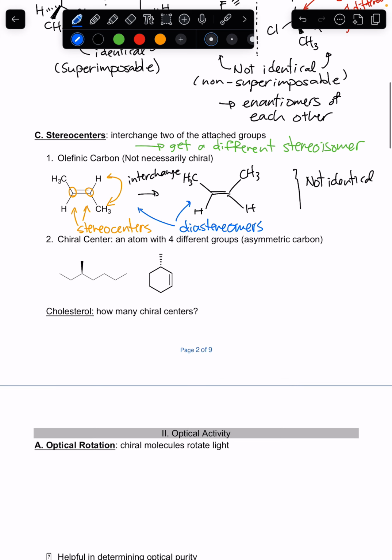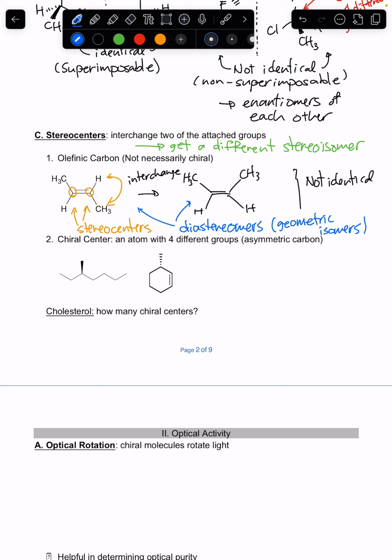And when it comes to the double bond being trans, meaning two groups are opposite of each other, or cis, on the same side, that is often called geometric isomers as well, when it comes to these olefin or sp2 carbon stereoisomers.